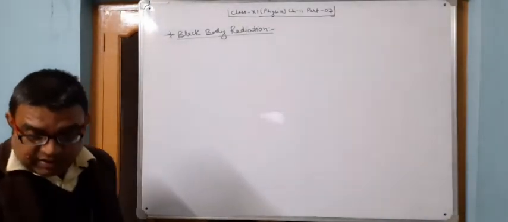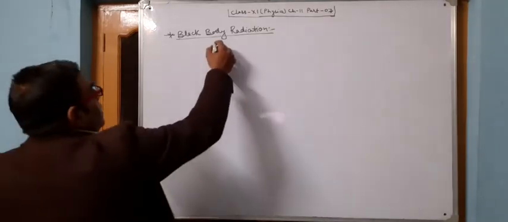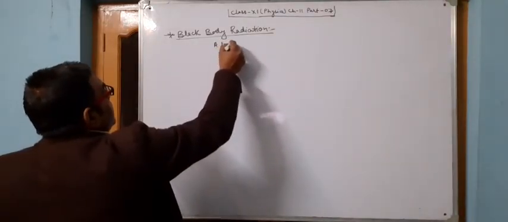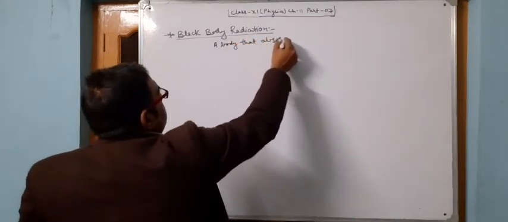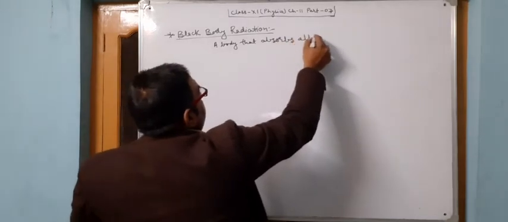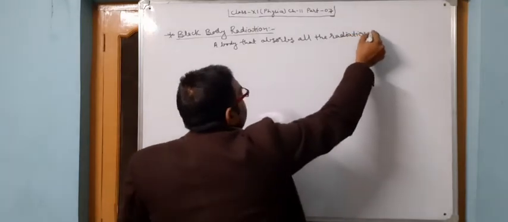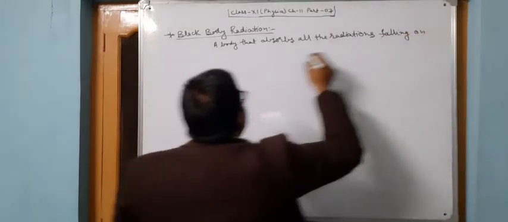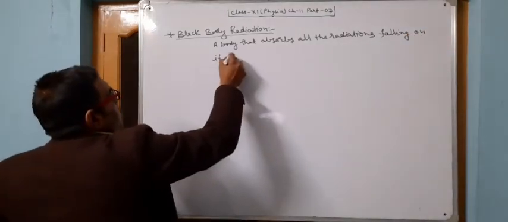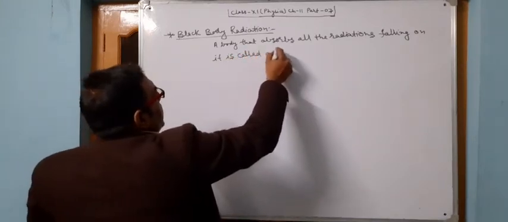So we can say that a body that absorbs all the radiations falling on it is called a black body.